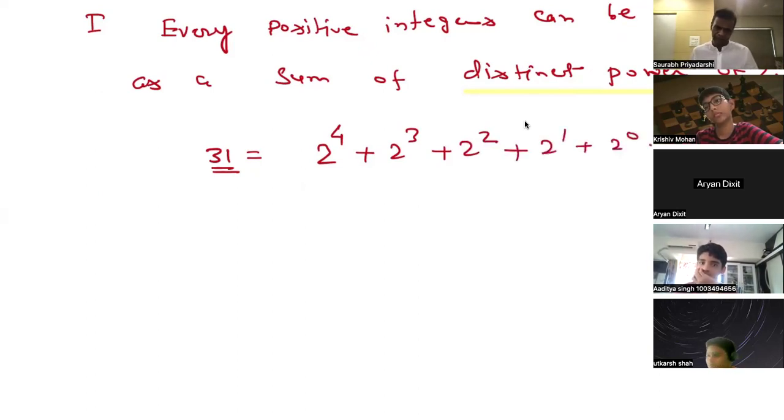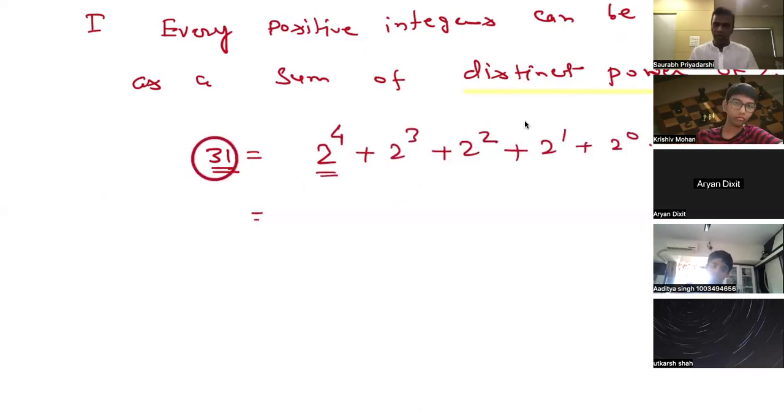So we can write any number like 31 as powers of 2, and I'm writing all the numbers in this form.